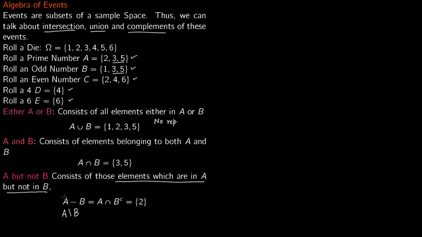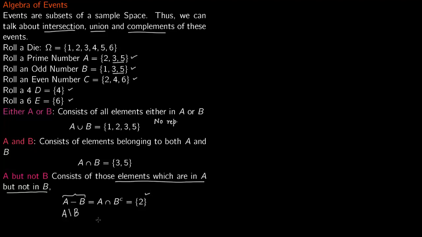First of all, let us focus on this part, A minus B. From A, you take out all the elements of B. So you take 3 out, you take 5 out. Obviously there is also 1 in B, which you do not take out from A because A does not have it. You just take out the elements which are common. So that is how you get 2. You have taken 3 and 5 out of A, which belong to B.